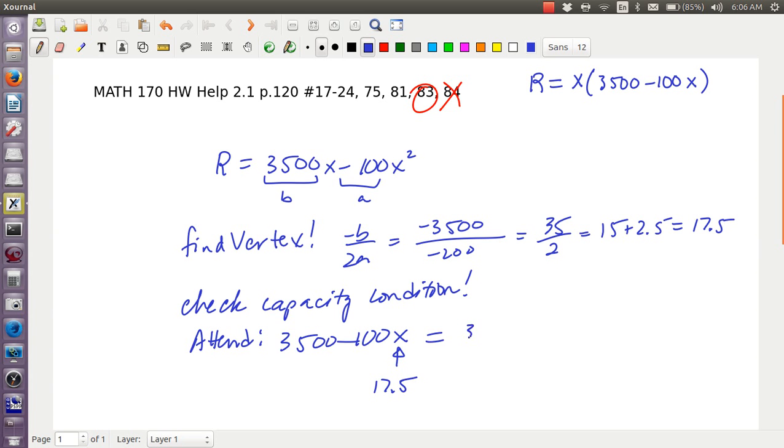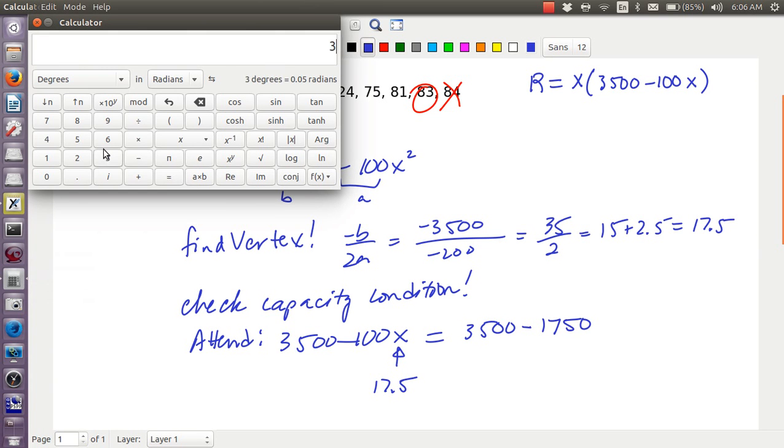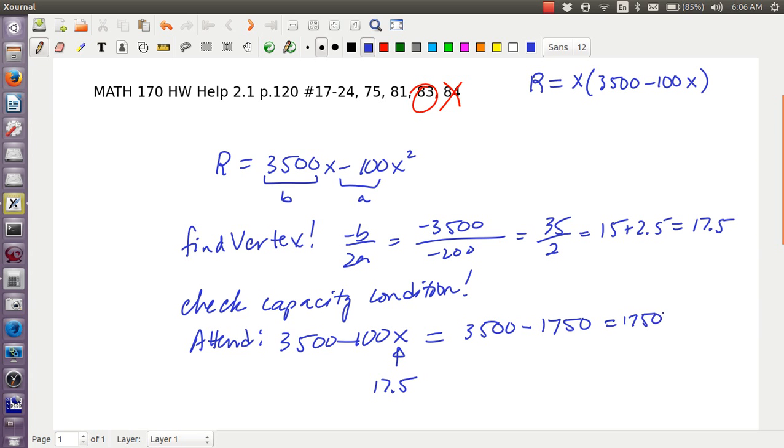And so it's going to be 3,500 minus 1,750. Okay, so we are within capacity. The capacity is 2,000, so we're okay.